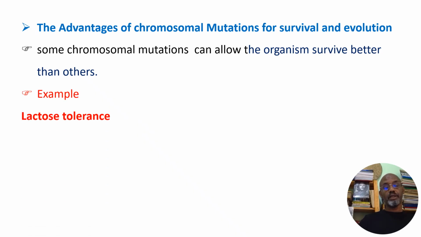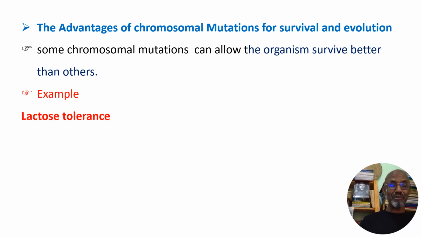For example, look, lactose tolerance. This has been depicted in your textbook, but described in a not very clear way. Lactose tolerance is the mutation that mammals, human beings, especially particular humans, underwent.